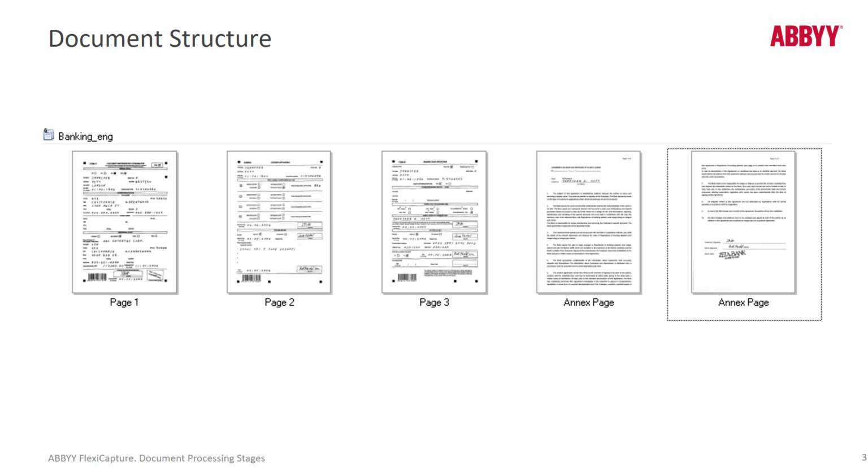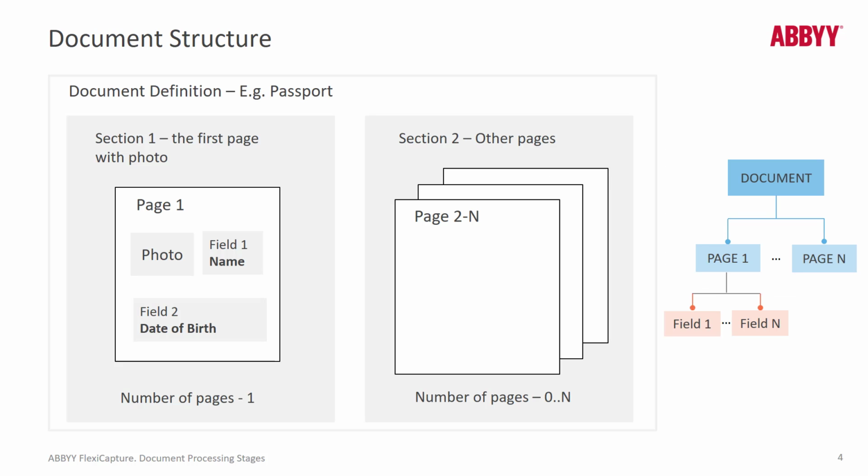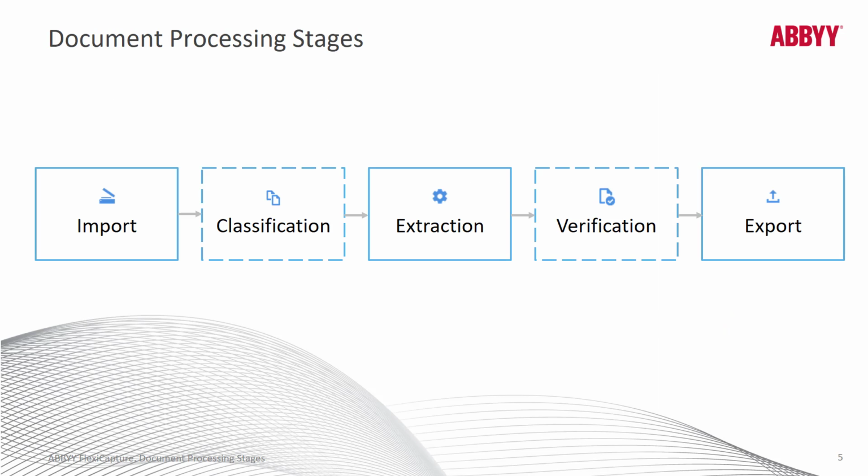And you'll learn more about that as we go on. So document structure can be defined a variety of ways. For instance, we have the ability to say a document can have a variable amount of pages or just a single page. And we'll get into some details there when we talk about document sections.